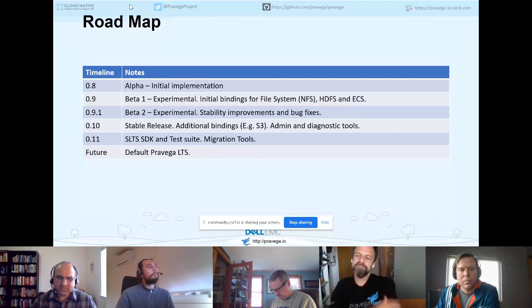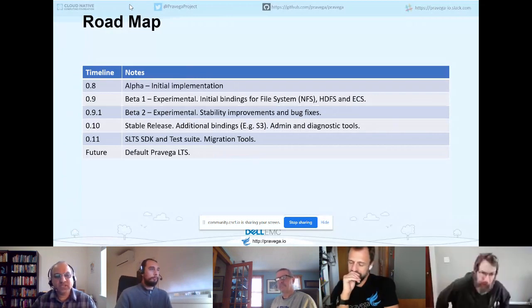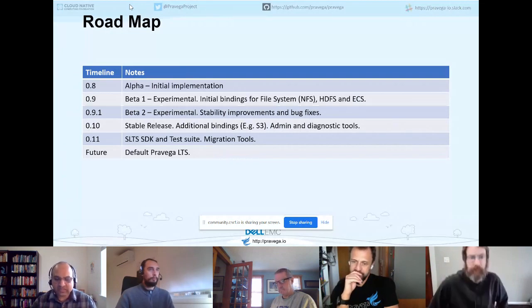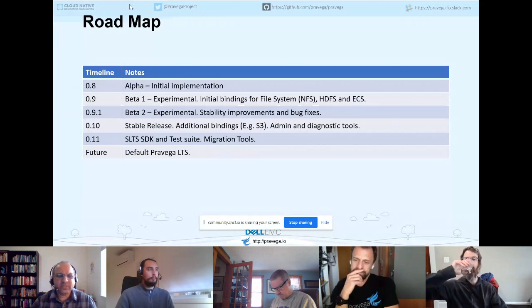In the next release, the plan is to have the S3 binding for AWS. We'll also have admin and diagnostic tools. We do plan to have a proper SLTS SDK and a test suite, and then we'll have some migration tools. In future, our goal is to make SLTS the default Pravega LTS subsystem.